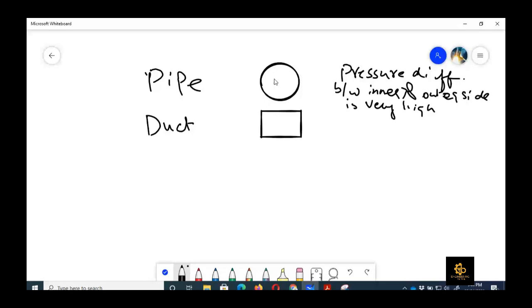Ducts are used when the pressure difference between the inner and outer side of the duct is small. Like in air conditioning applications, if you have seen carefully, ducts are usually used. Why is that? Because the refrigerant usually flows through the duct and it doesn't have very high pressure.